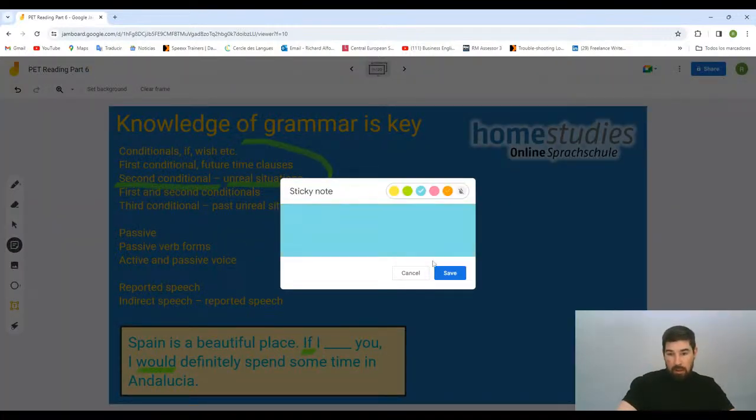Now, you should know your grammar when you're doing the exam, but here's a reminder of the second conditional. It's if plus subject plus past tense, then would plus infinitive.